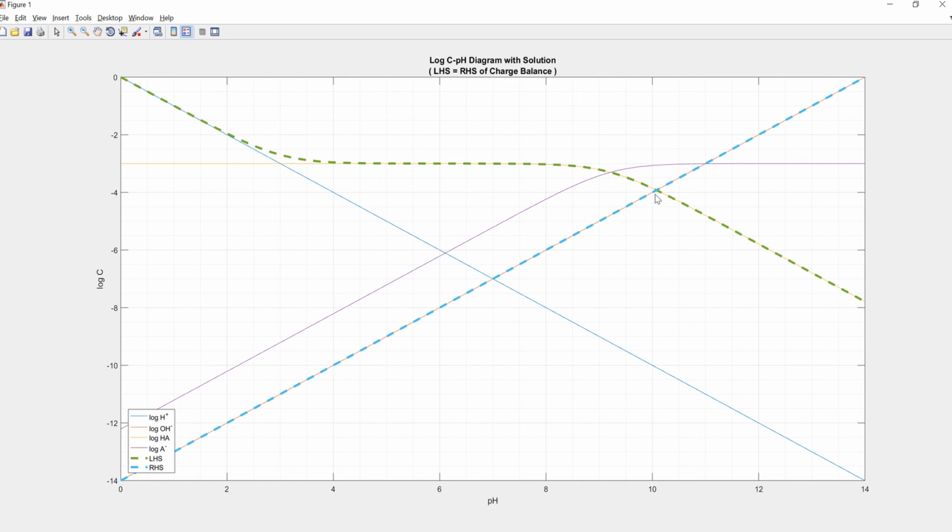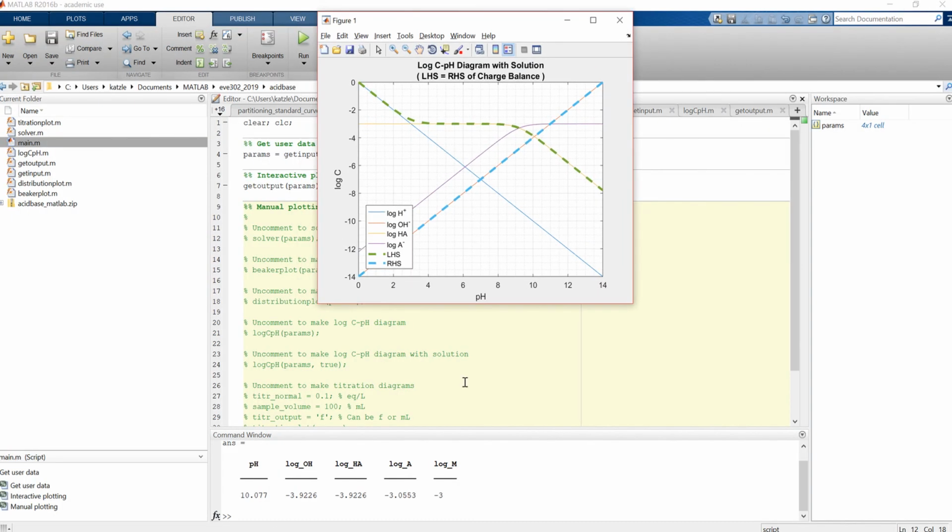And we see that those cross each other at about 10.05. And if we minimize this, you can see that that corresponds to the pH found by the solver. And again, we get the concentrations of all the other species, including the log of the sodium concentration of minus 3. And again, we can read all of these concentrations off of the graph.